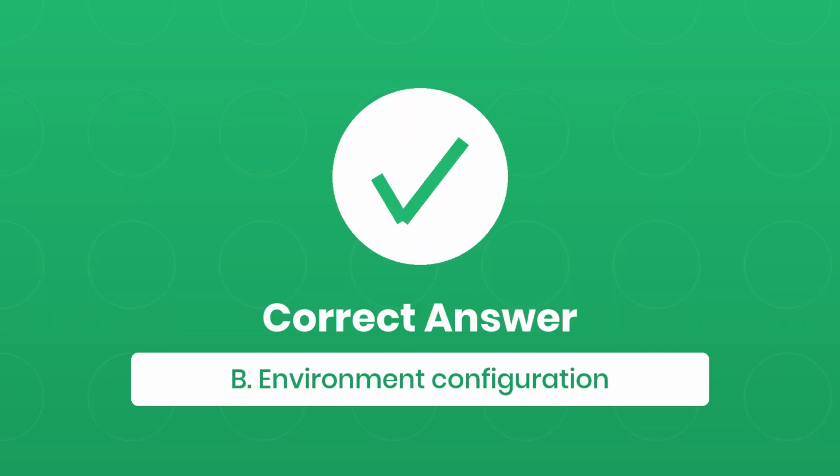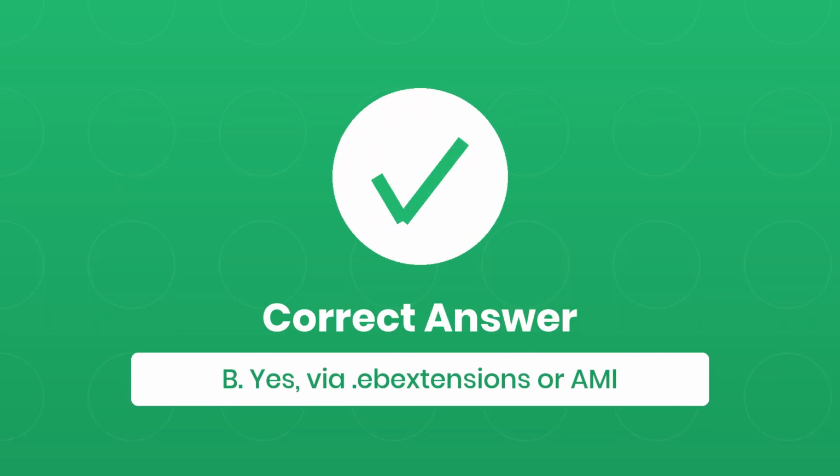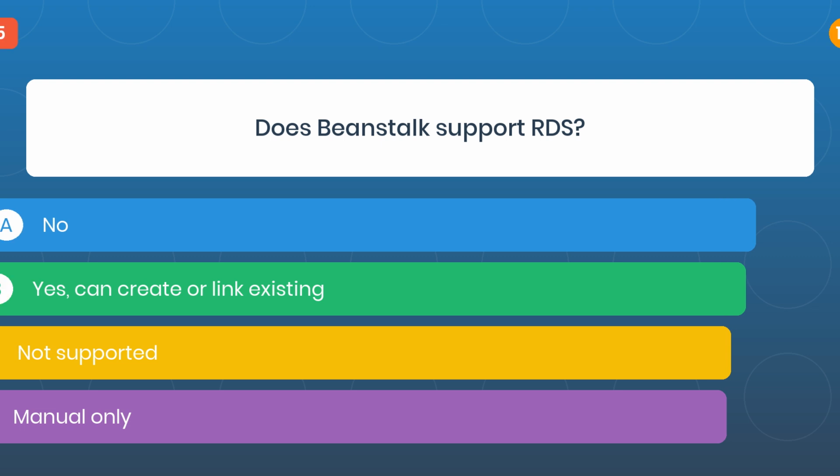The correct answer is B, environment configuration. Question 24. Can you customize EC2 instances? The correct answer is B, yes, via ebextensions or AMI.